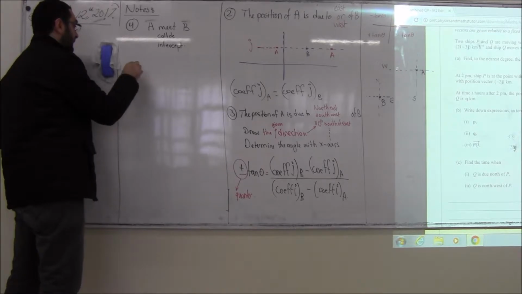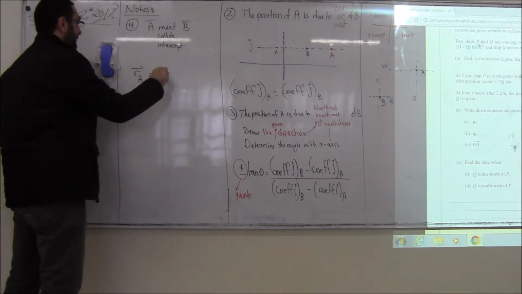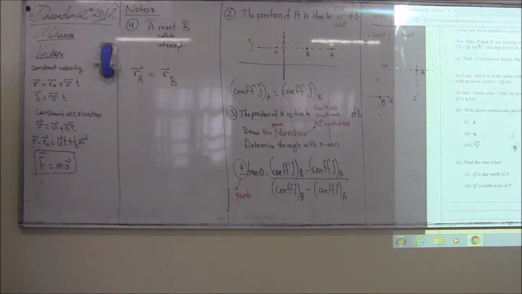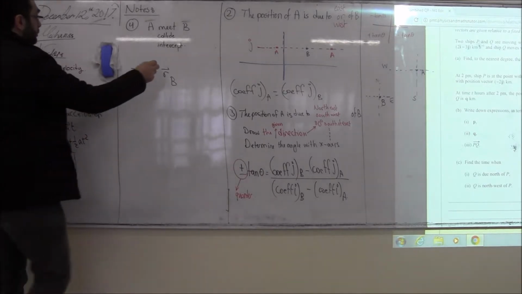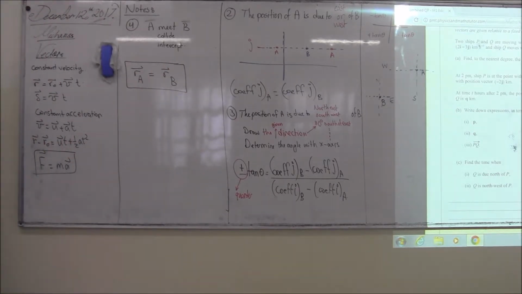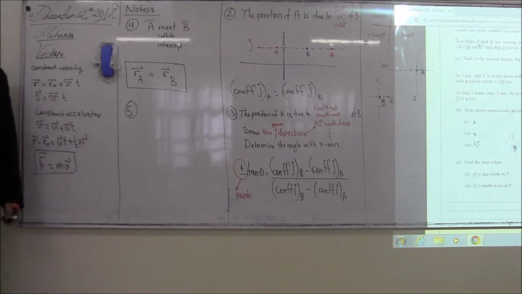This means the final position of A should equal the final position of B. If A meets B somewhere, their final positions should be the same. Clear? Okay.